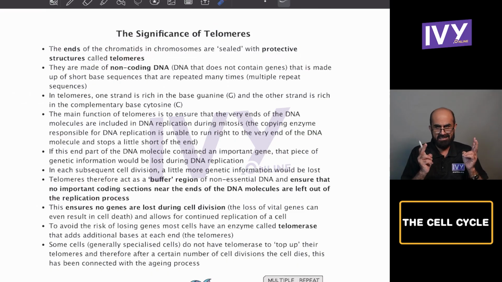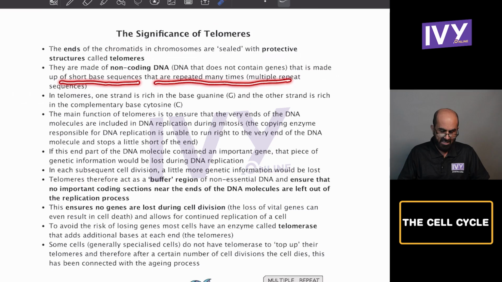So there are two ends of the chromatids, and each chromatid is made up of one DNA molecule. They are made up of non-coding DNA that does not contain genes. That is made up of a short base sequence that is repeated many times, multiple repeat sequences.